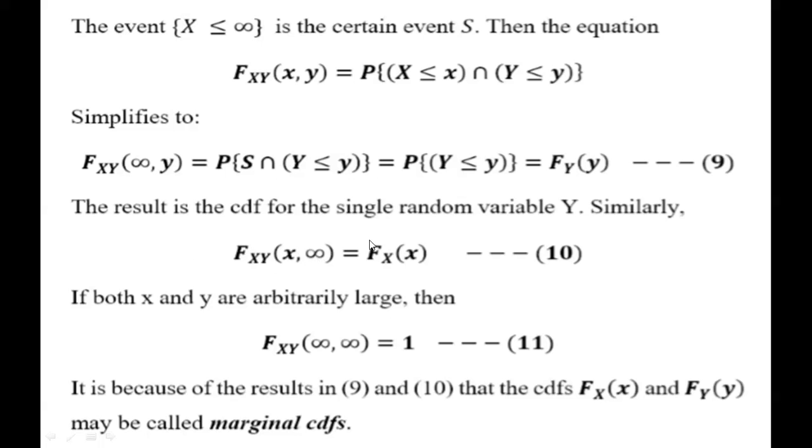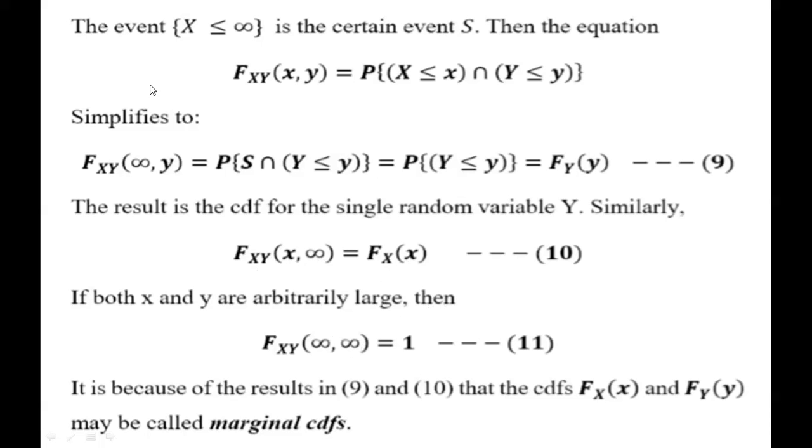Then such a CDF is equal to the CDF of the single random variable x. Now if both x and y are arbitrarily large, that means both random variables x and y happen to be sure events. The intersection of both the events is the entire sample space, right?